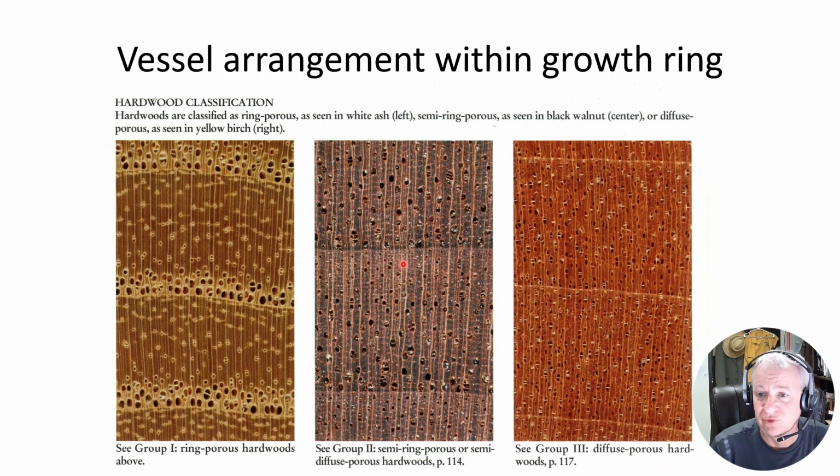So different species tend to produce vessel distributions that are ring porous, semi-ring porous, or diffuse porous. And the key will tell you which one is likely. So that distribution of vessel size can be a really important determining characteristic.